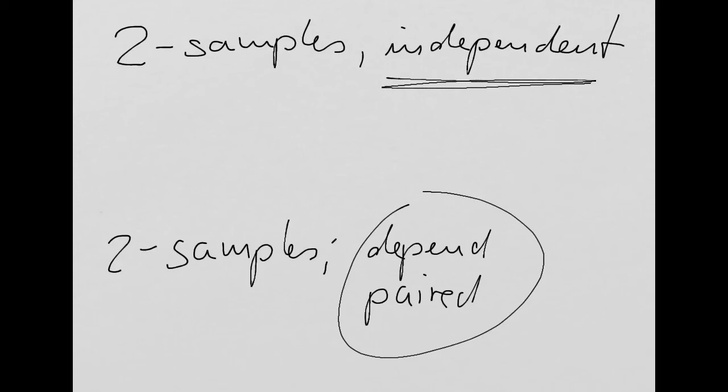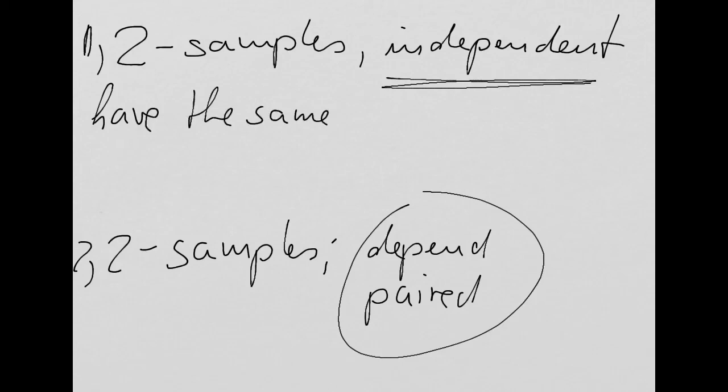Now, it could very well be, if we go back to the independent samples, that the samples I'm looking at have the same or different variances.